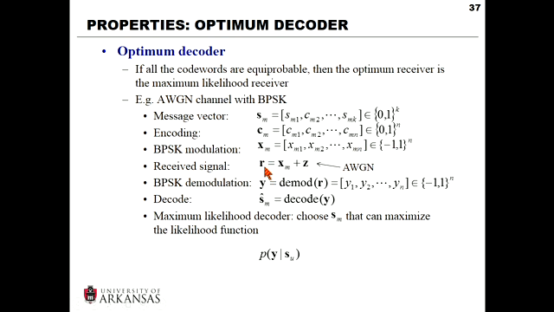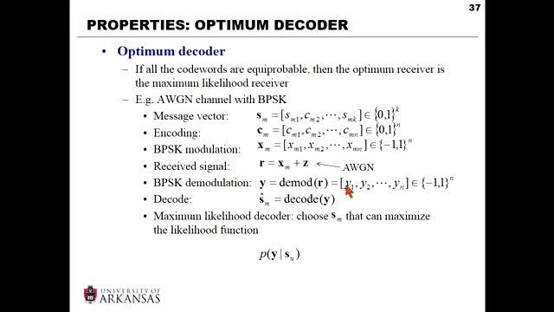In this case, our received information is r equals x plus z, where z is AWGN. And in demodulation, we are trying to use r to figure out y. We can use BPSK demodulation to find y.